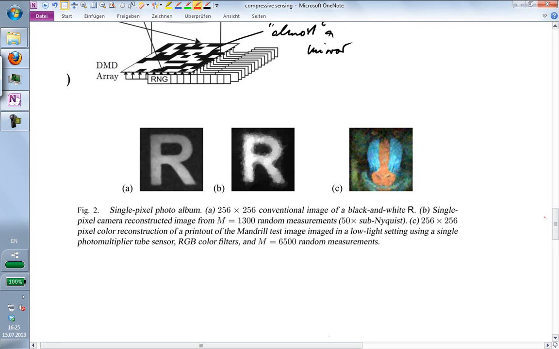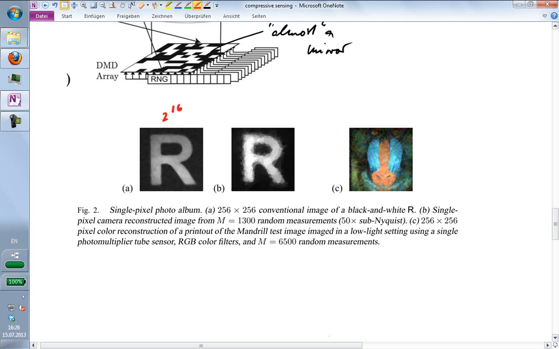So on the left-hand side, a normal image of a black and white letter R was taken, and we have here 2 to the 16 measurements.